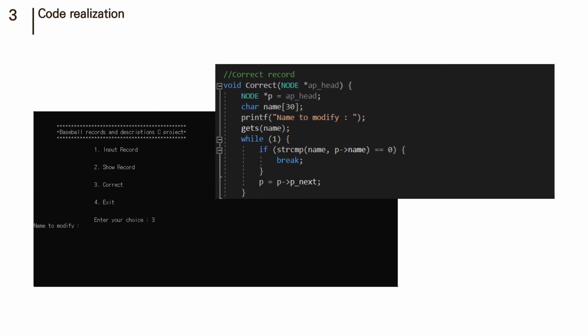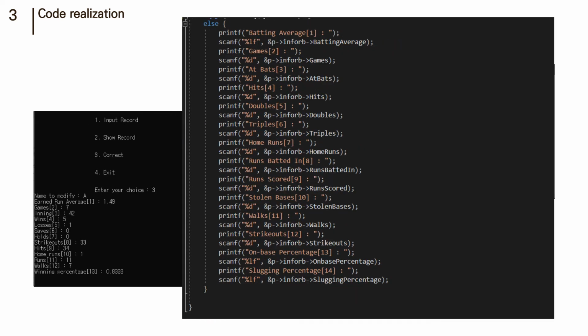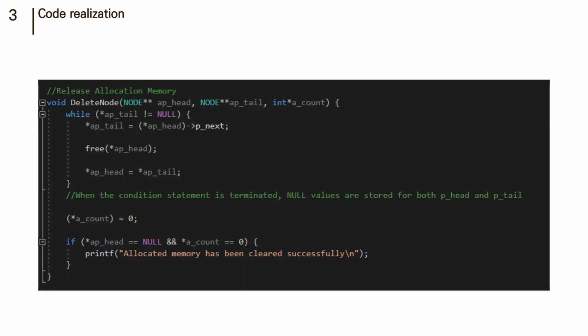It compares with the name entered, like the show record function, and is re-entered according to the position when equal. Finally, use the delete node function to release the allocated memory.